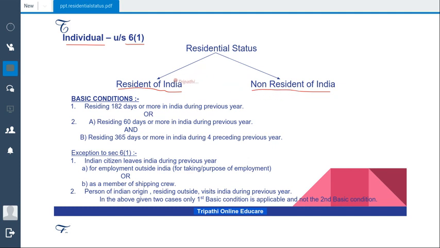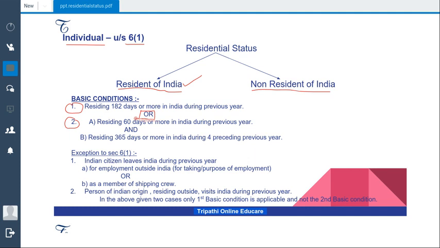If an individual wants to become resident of India, he will have to fulfill the basic condition. There are two basic conditions: first basic condition and second basic condition. Both basic conditions are optional. You can fulfill either first or second, but initially you will have to check the first basic condition, then only you can go for the second basic condition.